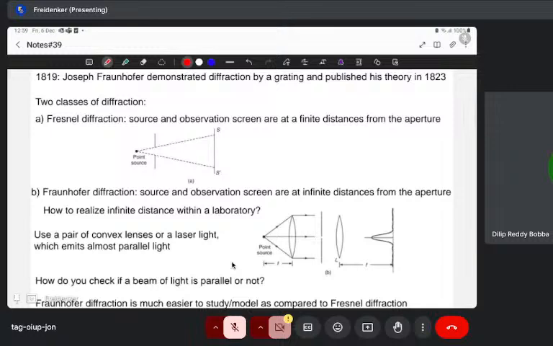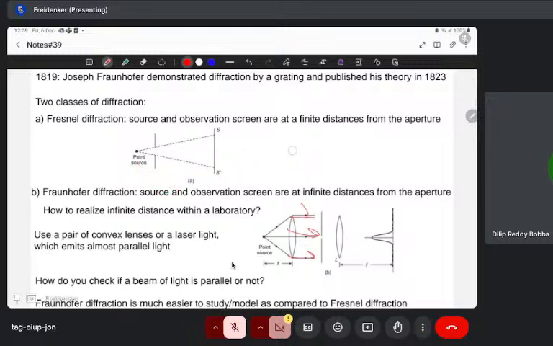Basically, if this distance is finite, it's Fresnel. If light rays are coming from infinity, then that is Fraunhofer diffraction. Fresnel is difficult to deal with, since the distance is finite and whatever calculations you do will depend on d. But in this case, it's coming from infinity, so you won't have this dependence, and it's easier to solve.